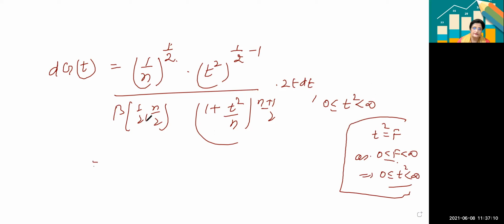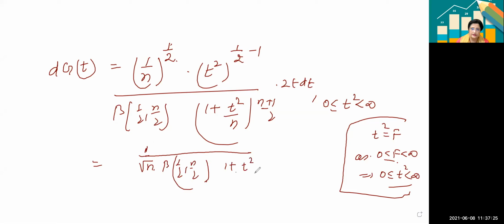So this becomes 1 by under root n, right? Then 1 by under root n, we bring it into the denominator. This is Beta 1 by 2, n by 2, 1 plus T square by n raised to power n plus 1 by 2. Okay.